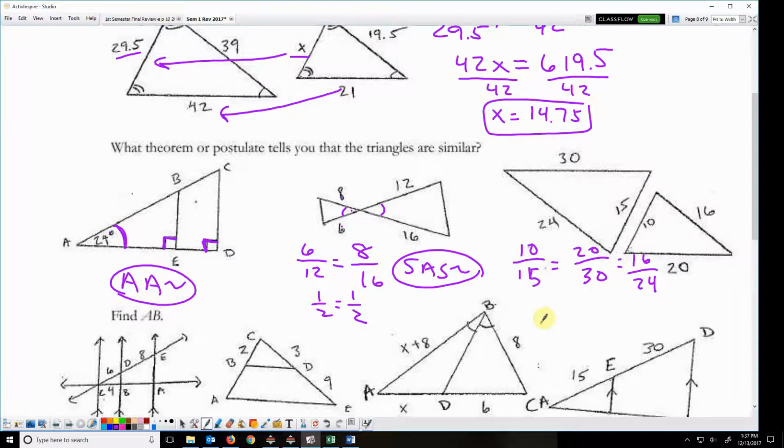So 10 over 15 is going to simplify to 2/3. 20 over 30 is 2/3. And 16 over 24 is 2/3. Since all three sides have the same ratio, this is going to be side, side, side similarity.